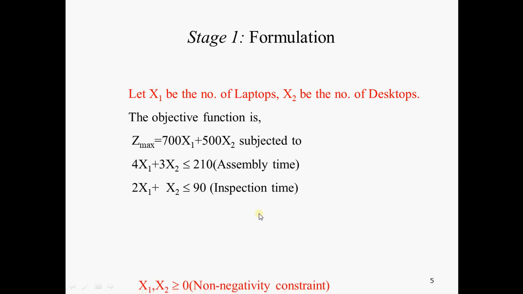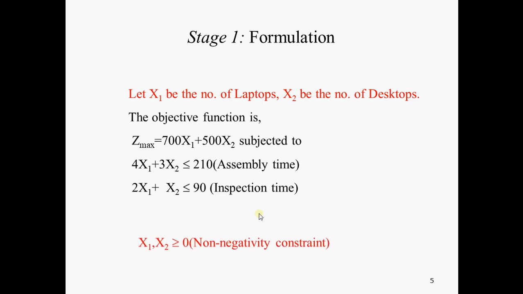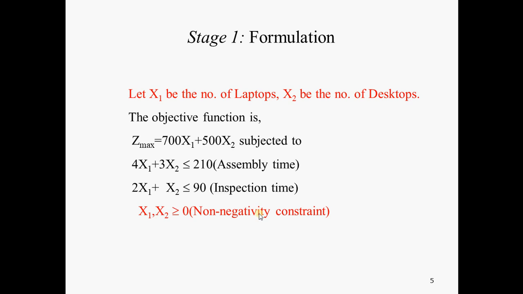Then a default constraint known as the non-negativity constraint, x1, x2 greater than or equal to 0. You cannot produce a negative number of laptops, so to avoid that confusion we declare a default constraint known as the non-negativity constraint.